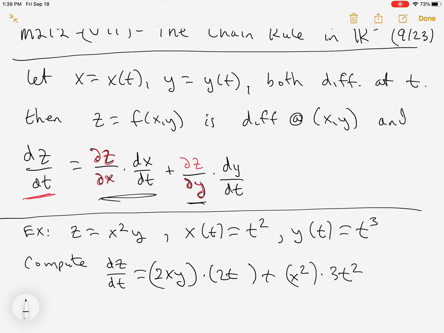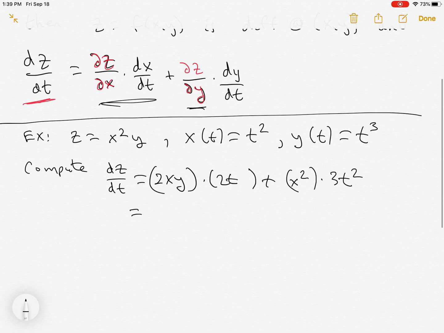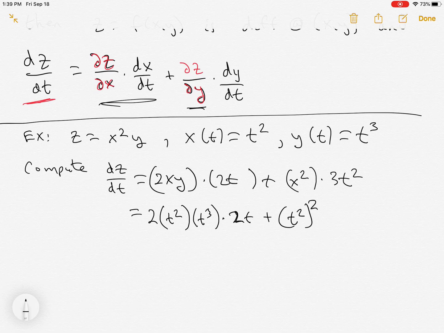Okay. It's important to note that we're looking for dz dt, so there shouldn't be any x's and y's around. So we clean this up. This is 2 times x, which is t squared, times y, which is t cubed, times 2t, plus x squared, which is t squared squared, times 3t squared.